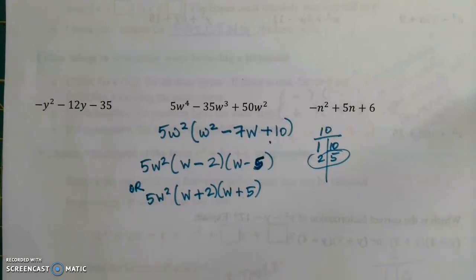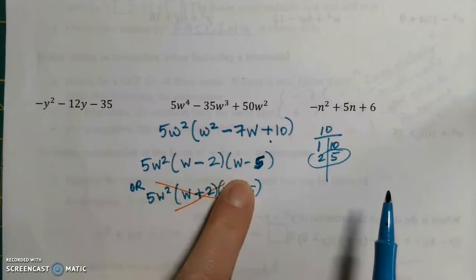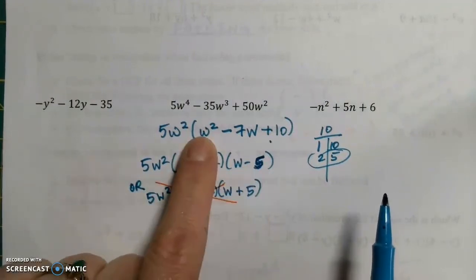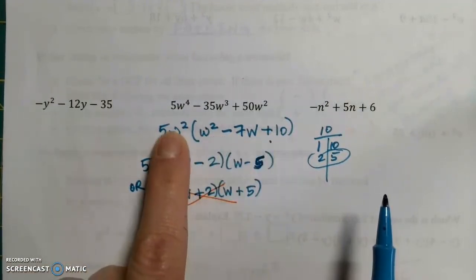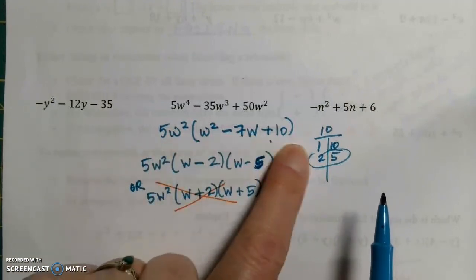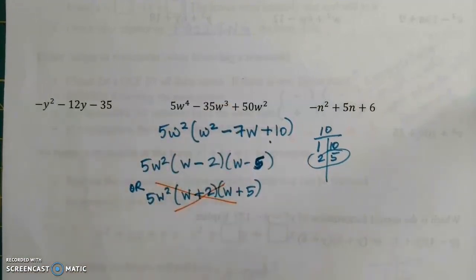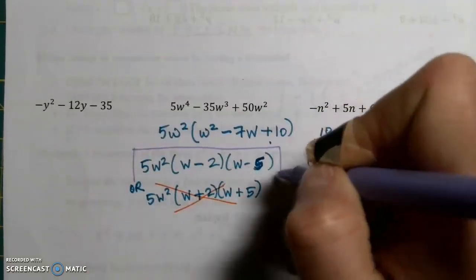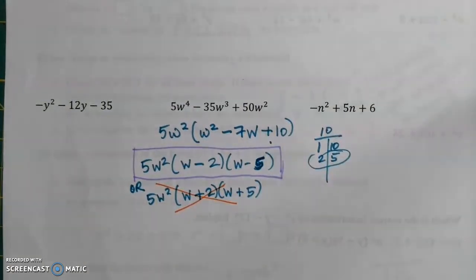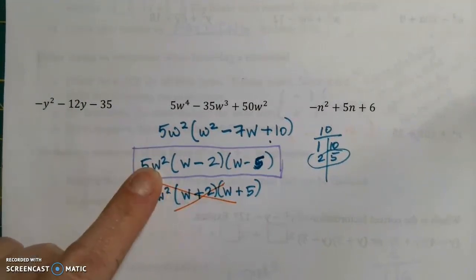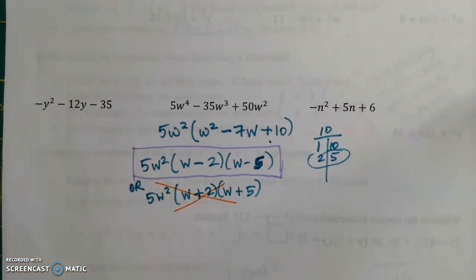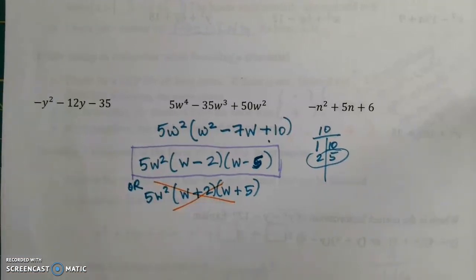So that will knock this possibility out, leaving us with this one. And this will multiply back to this trinomial. If you multiply this GCF back through that trinomial, you should get back to the original one. So the final answer for that one is this. And again, you can interchange those binomials. Those can switch, and we do typically put the monomial GCF out front so that everybody can see it easily.